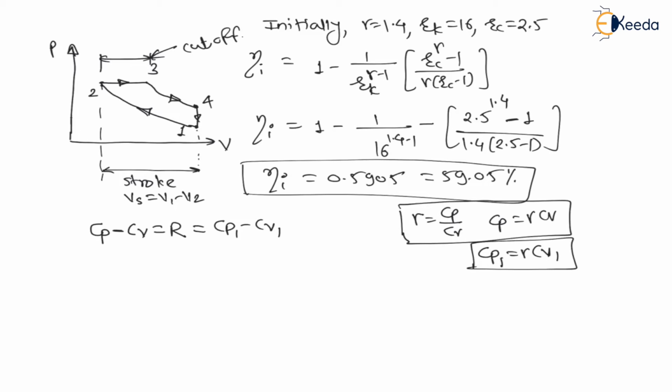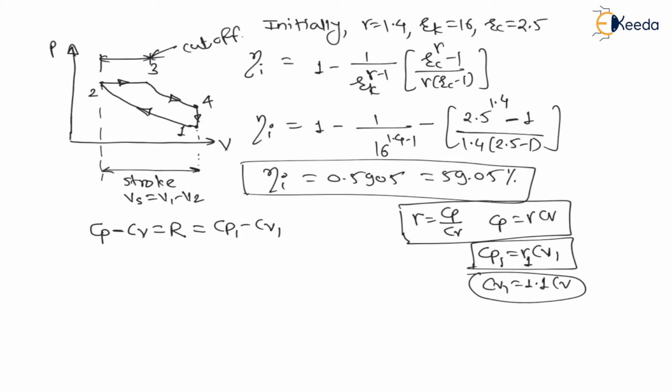Now instead of Cp put gamma Cv, and we already know that Cv1 is 1.1 times Cv.